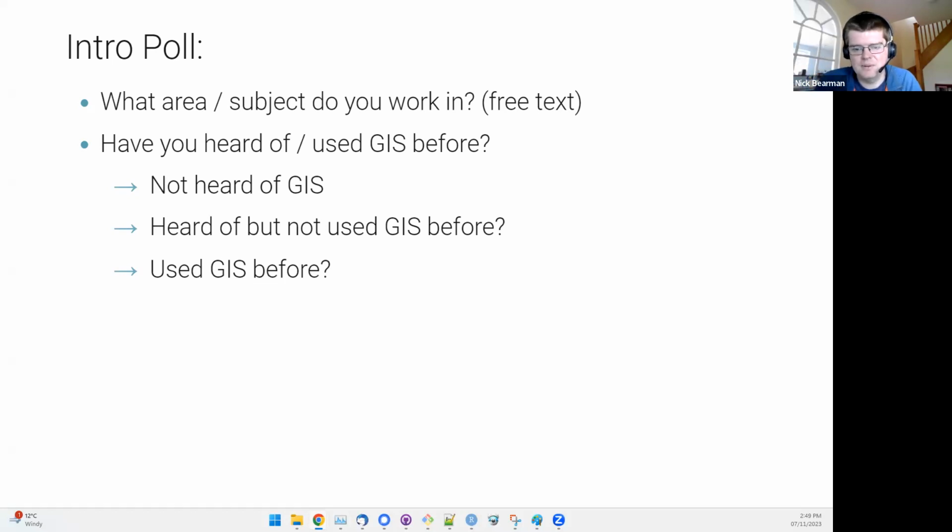And in terms of whether people have heard of GIS before, 3 people have not heard of it at all, 5 have heard of it but not used it, and 2 people have used it. So there's lots of potential for things we can do with GIS, and I hope to give you a few ideas over the next 25, 30 minutes or so.